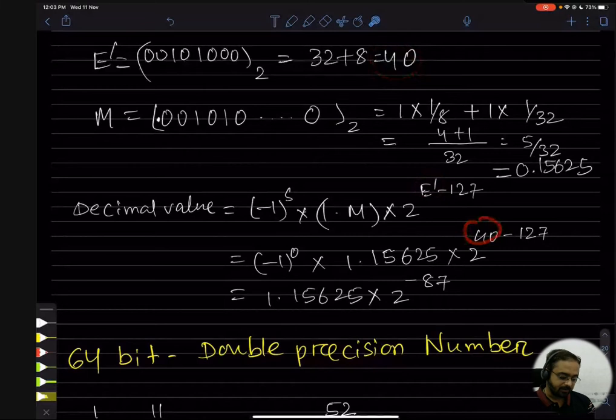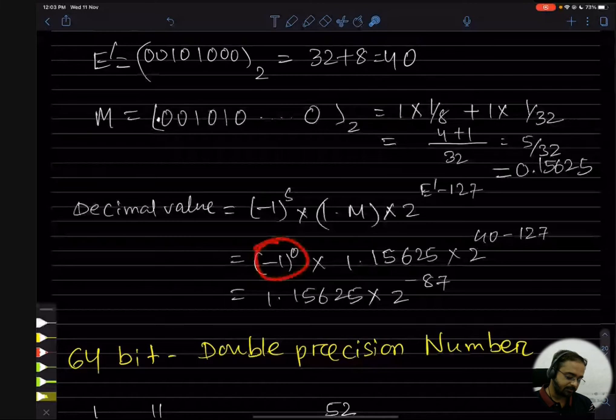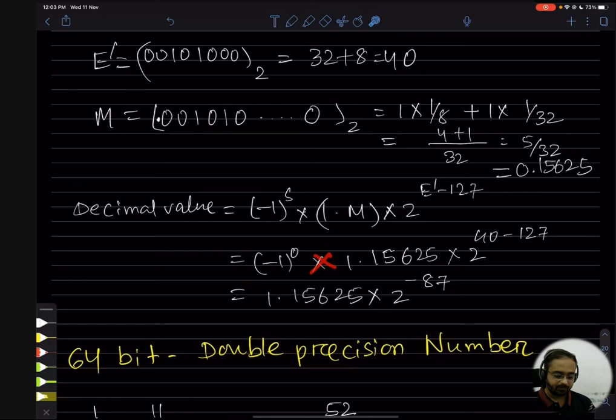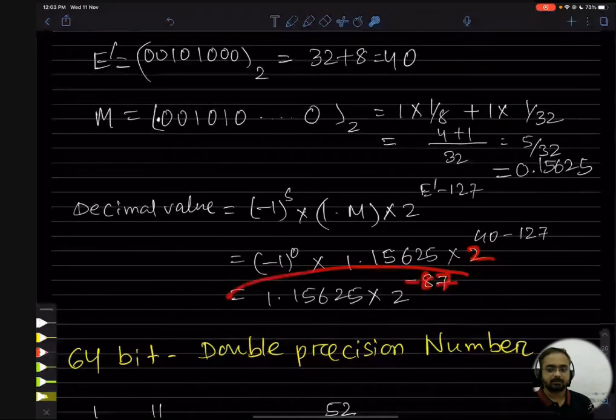Then minus 1 to the power 0 is 1, so we ignore that one in the multiplication. It is multiplied by 1.15625 into 2 to the power minus 87, and that is the result.